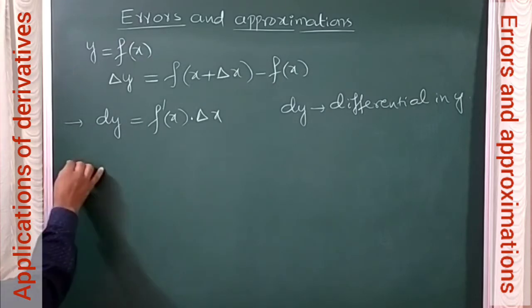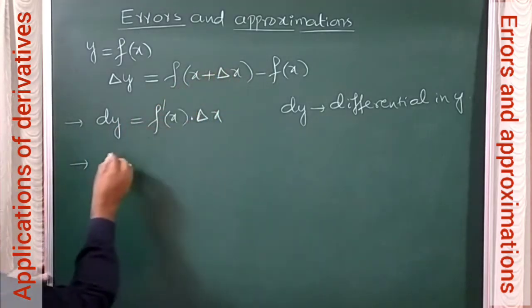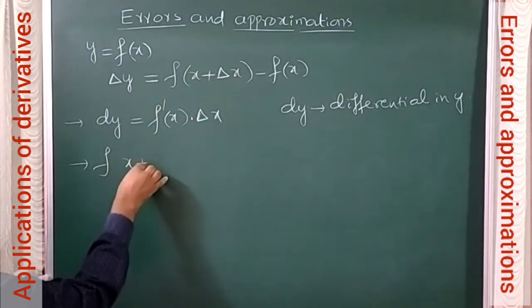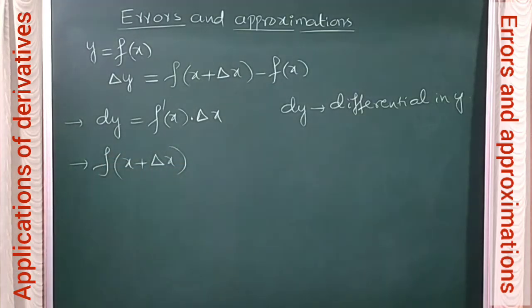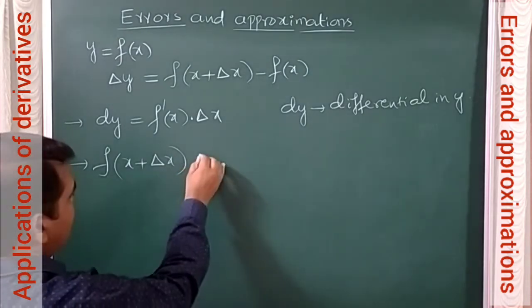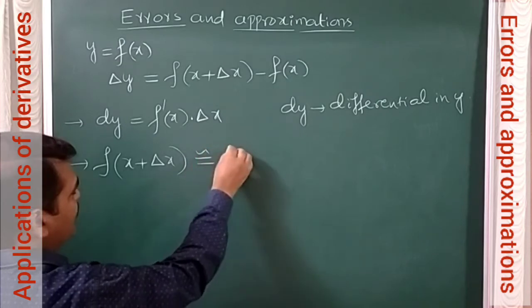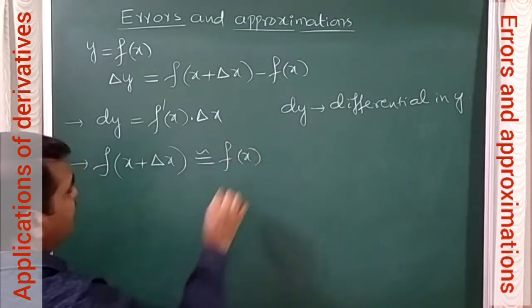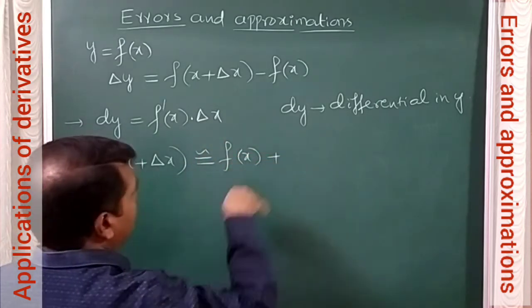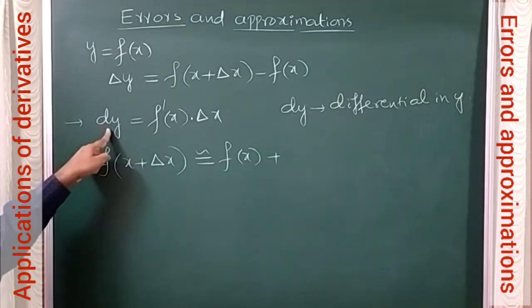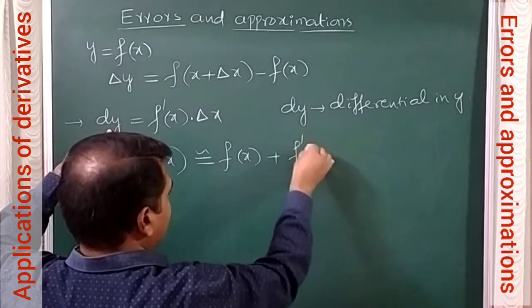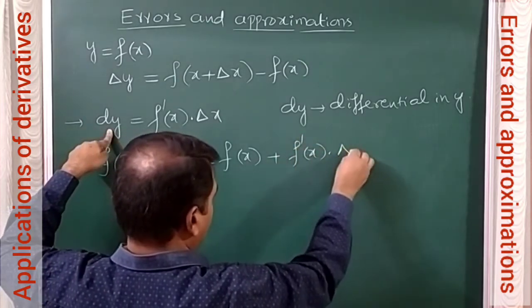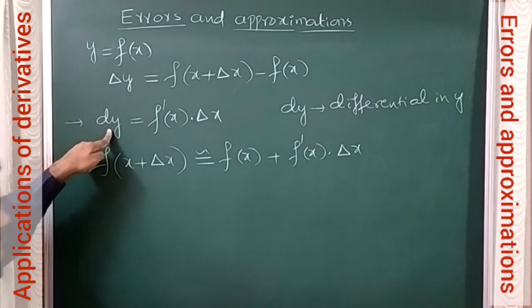Here we have written f of x plus delta x. To find this f of x plus delta x, we can use the formula: f of x plus delta x is approximately equal to f of x plus dy, that means f dash of x into delta x.